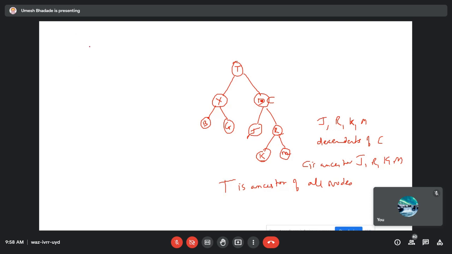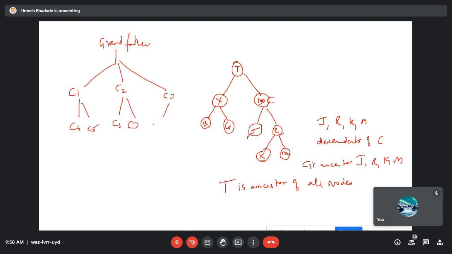Like a family tree, suppose this is the grandfather, for example. He may have children 1, children 2, children 3. Children 1 may have 4 and 5, like this, 6 and 7, 8 and 9. Now, can you tell me the descendants of C2? C6, C7.